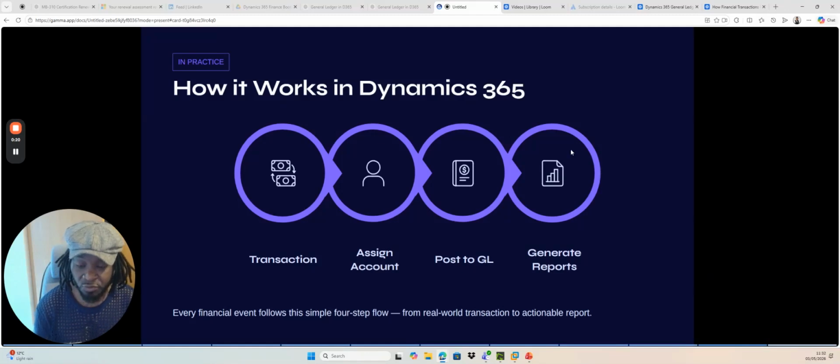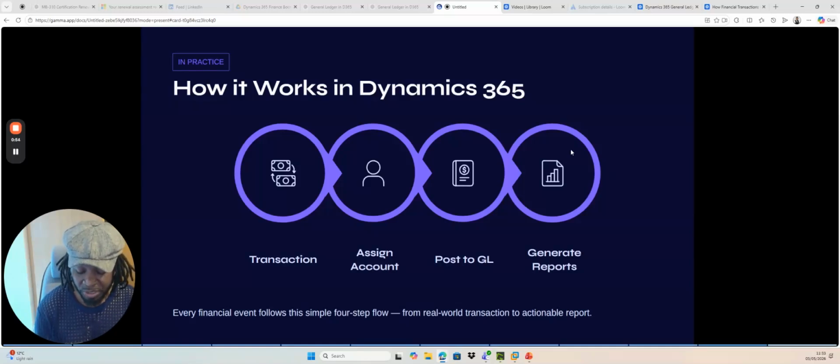For instance, if you pay salary, how did you pay that salary? There is a salary account and there is a cash account, because you paid salary by cash or from the bank. So you have two accounts that are impacted. There is an expense account and there is an asset account. The asset account is going to be reducing and the expense account is going to be increasing, something of that nature. So when you post this transaction, these two accounts are assigned.